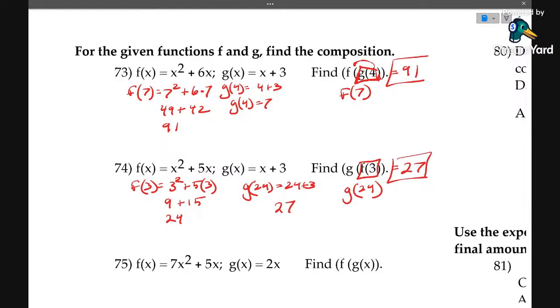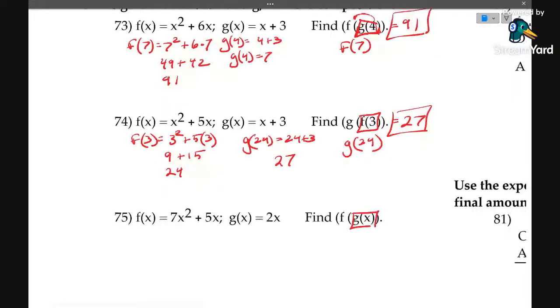Without an x value for g of x, we're just asked to find the composition. So g of x will be the input into the function f. So I will take 2x and I will substitute it in for x into the function f of x. So we'll have 7 and then 2x squared plus 5 times 2x.